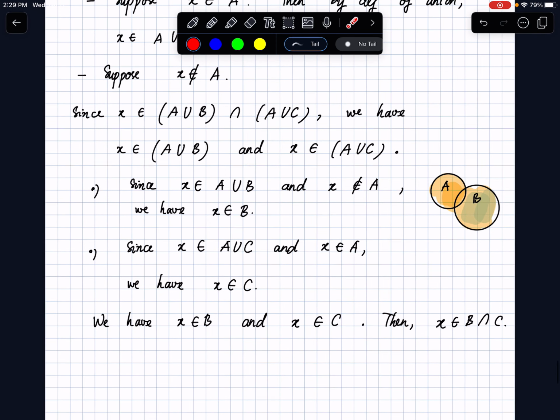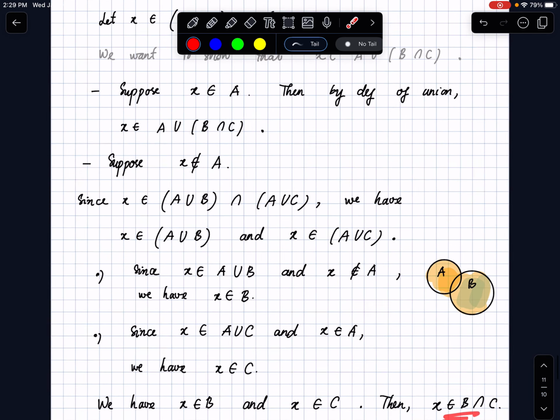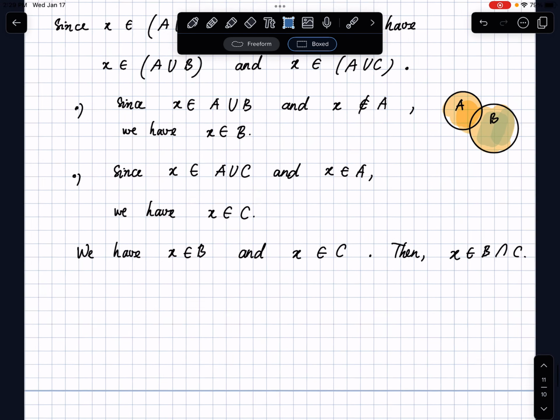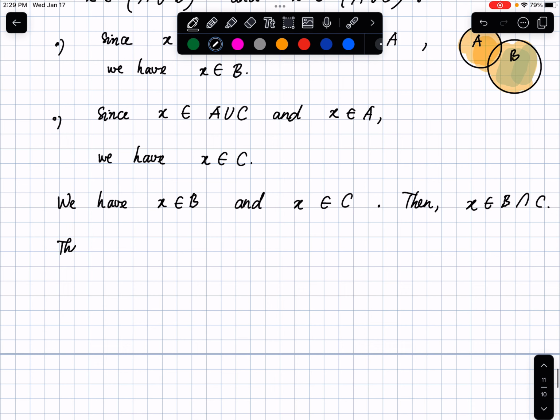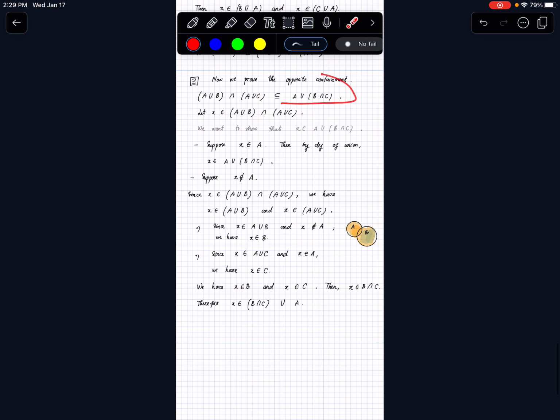X is in the intersection of B intersects C. So that means that X must be in the union of B intersects C with whatever we like, and in this case we choose to union with A. Therefore, X is in the union of B intersects C with A. So that is exactly the same as what we want to show. What is contained in this set.